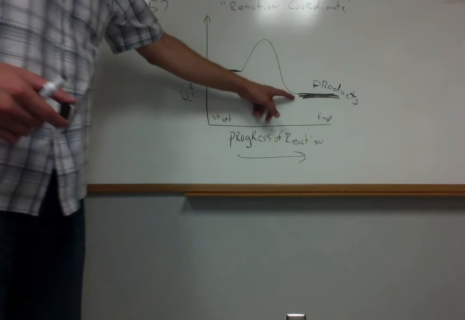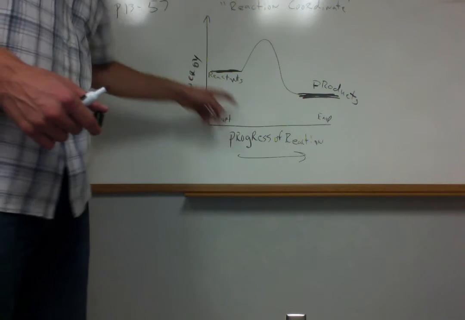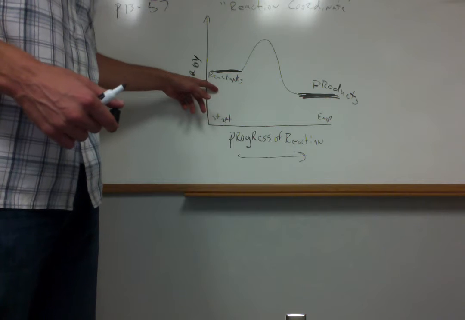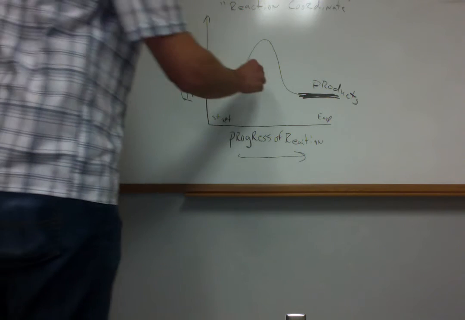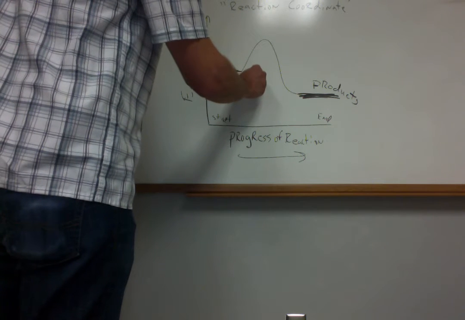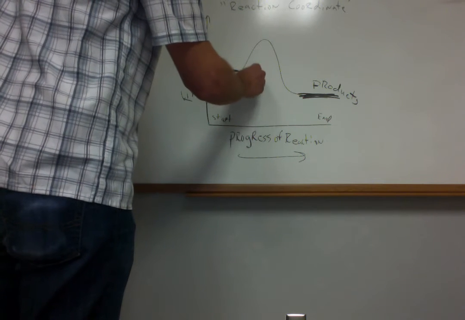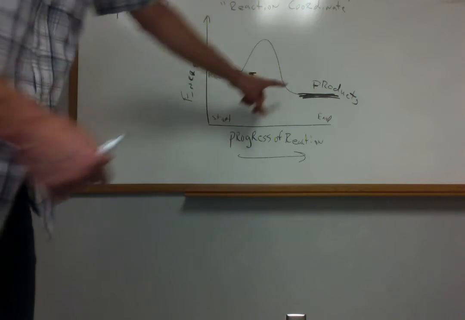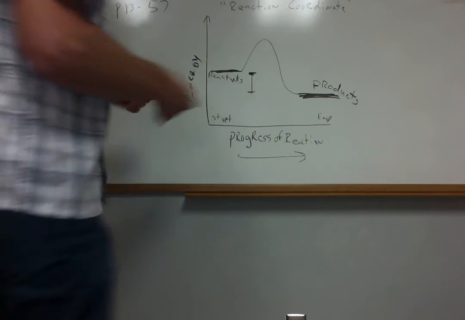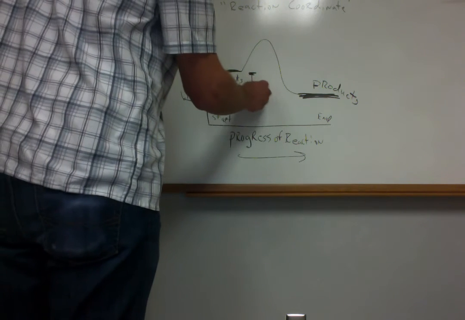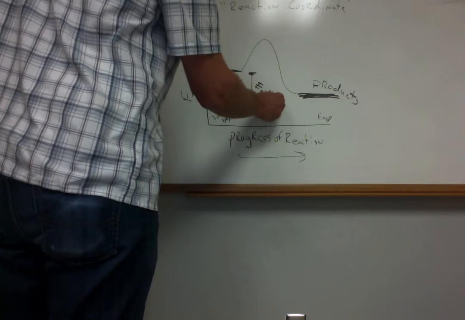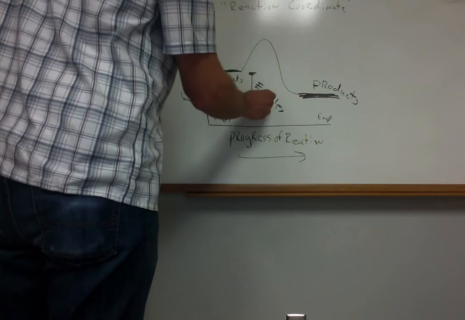Sometimes the products line is below the reactants line. In this particular case, that's what we see. So the distance, or the gap between the two lines, is our enthalpy of reaction. The heat of reaction.